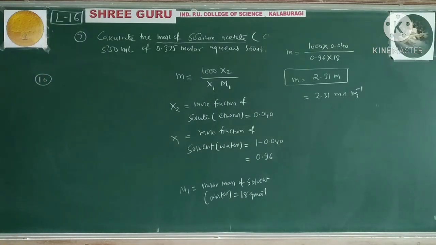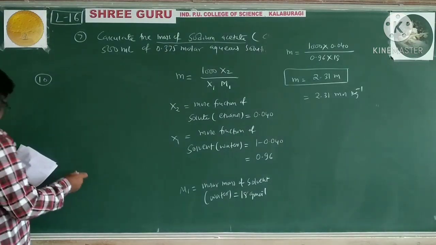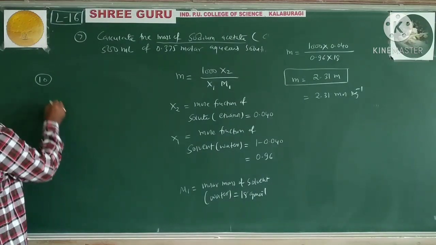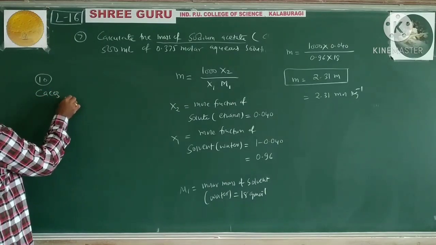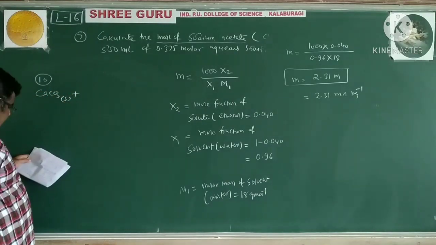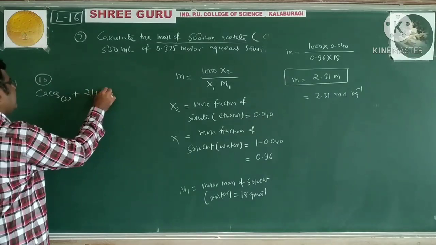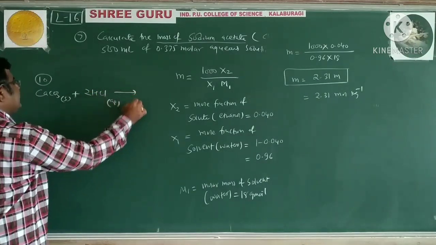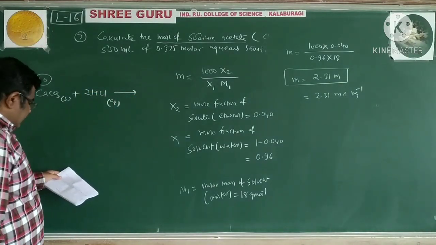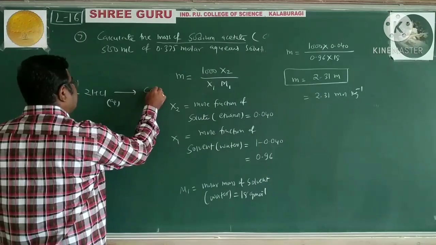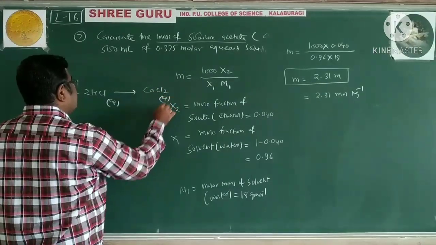They have given one reaction here. Calcium carbonate in solid state plus 2HCl in aqueous state. It gives CaCl2 in aqueous state.